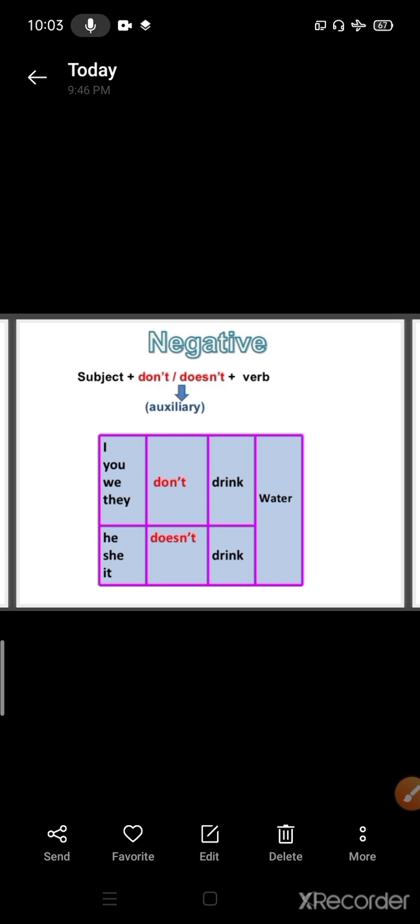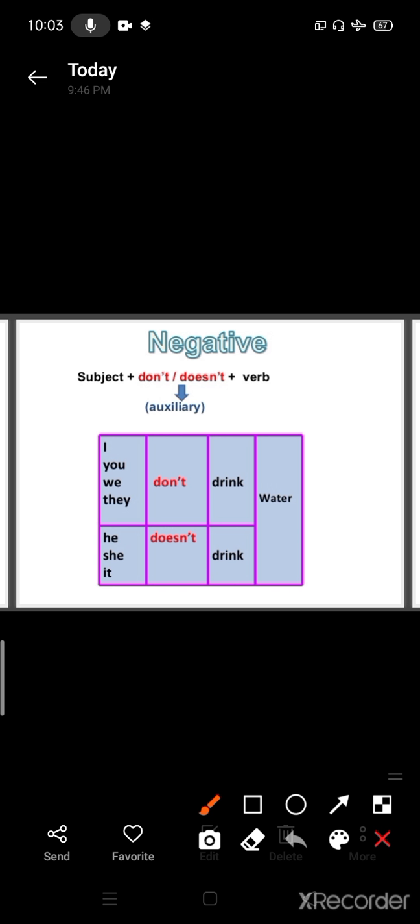We can convert a sentence from affirmative to negative by using don't or does. If the sentence is in present tense, we can change it by using don't or doesn't. These are helping verbs. These both are helping verbs.